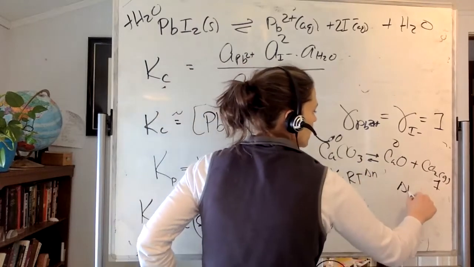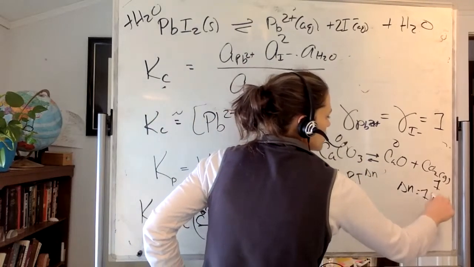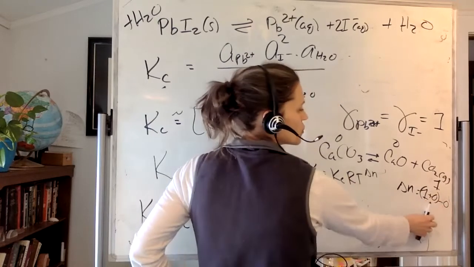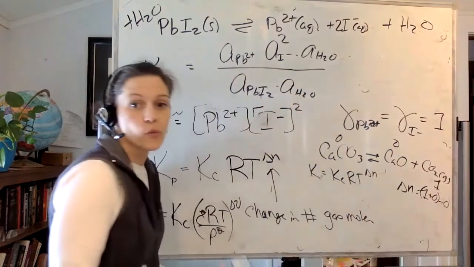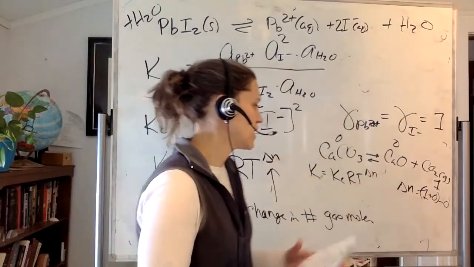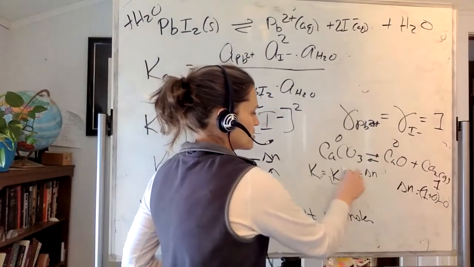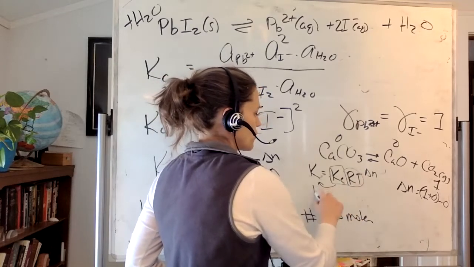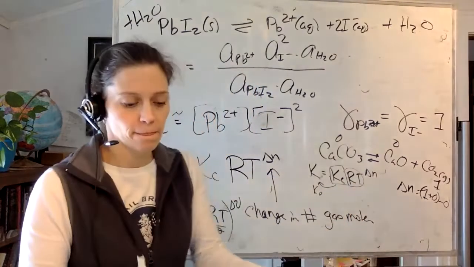So you'd have delta N equals 1 plus 0 minus 0, and really it's just from the number of moles of gas. The solids are both 0. So your delta N is 1. So to go from your Kc value, you would multiply by RT to go to your Kp value.